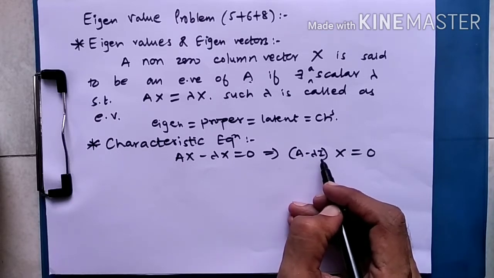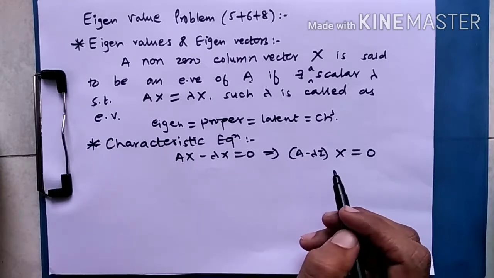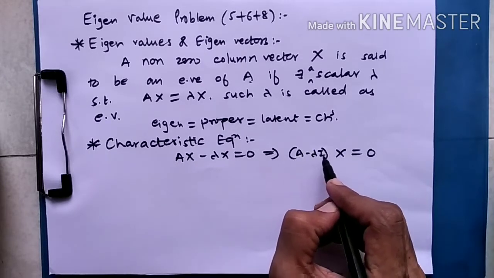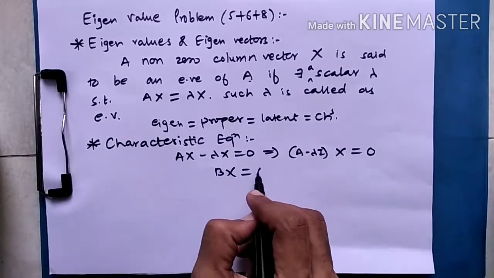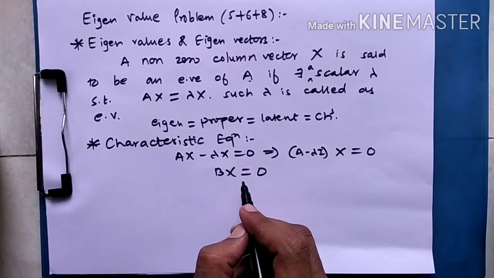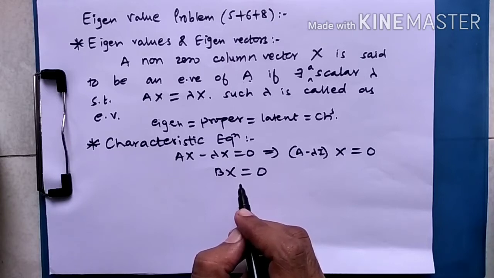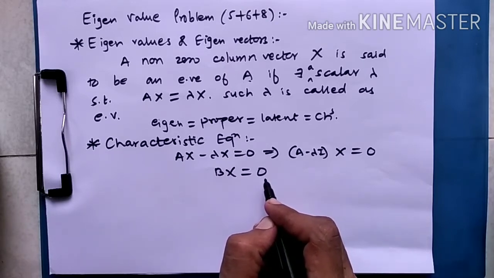So I am writing here lambda I, where I is the identity matrix of same order as A. So you can observe that this is a single matrix, A minus lambda I. Let us call it as B. So what that becomes? B into X equal to 0. It is a homogeneous system of linear equations. Homogeneous because RHS is 0.